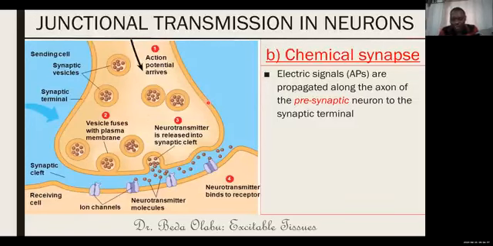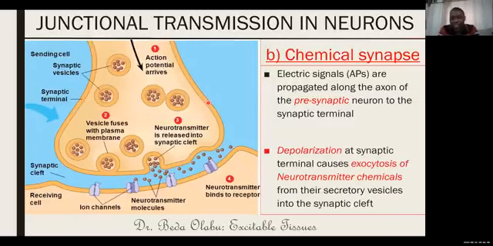That is the question. Now, this is what is next. The depolarization at the end of the axon causes the synaptic vesicles to go fuse with the cell membrane, and that is what we call docking. It will make the synaptic vesicles dock.